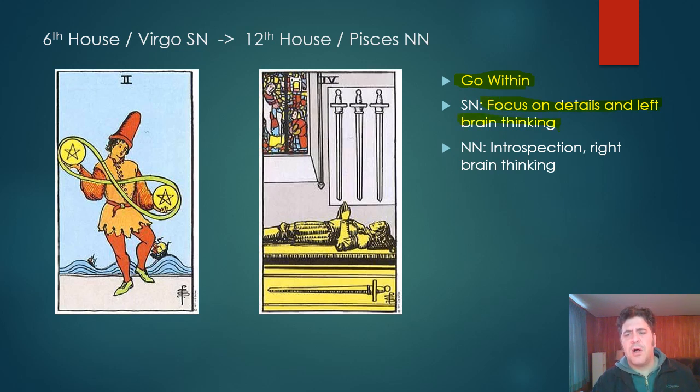Those are qualities you have developed. You may even lean slightly on the OCD spectrum, obsessed with details, with a perfectionistic mindset. Where you're moving towards in your north node is introspection, right brain thinking, letting go of details, looking at the big picture. So that's what you're learning to do.